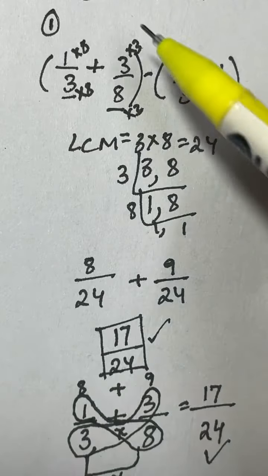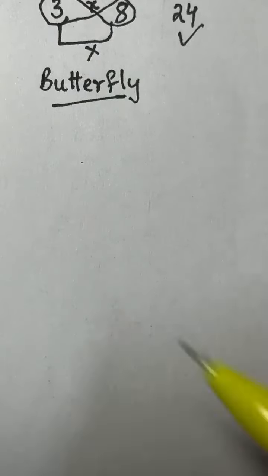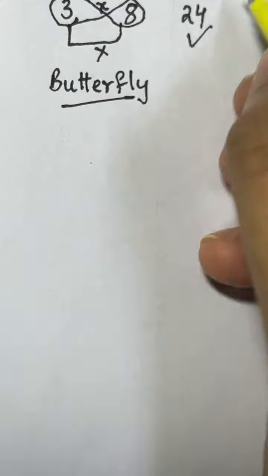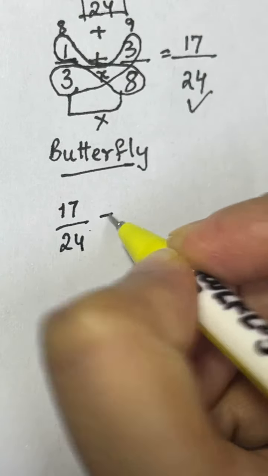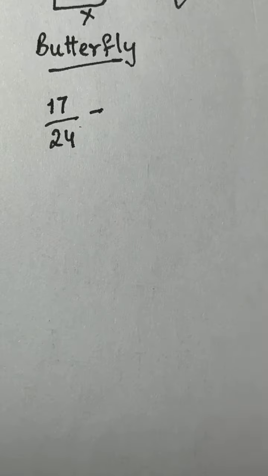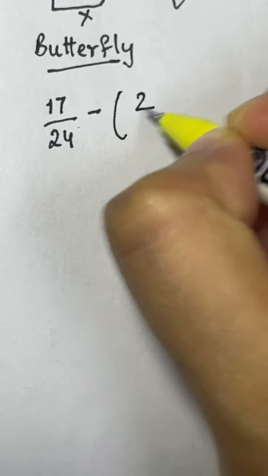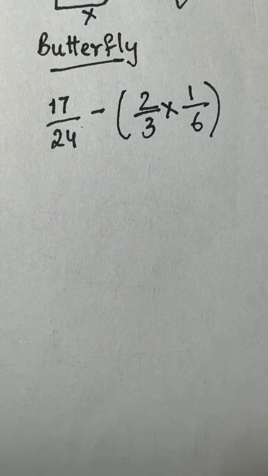So we had 1/3 plus 3/8 minus 2/3 times 1/6. So let us solve 2/3 times 1/6. We got 17 over 24 from this part. Let me write it down. Then we have minus 2/3 times 1/6. And how do you multiply two fractions?